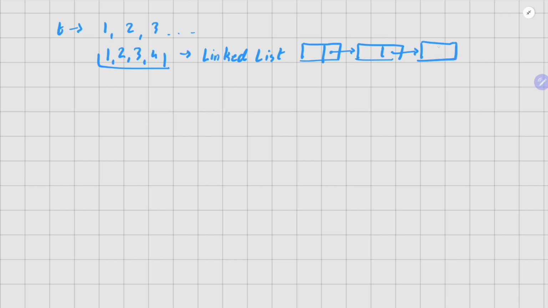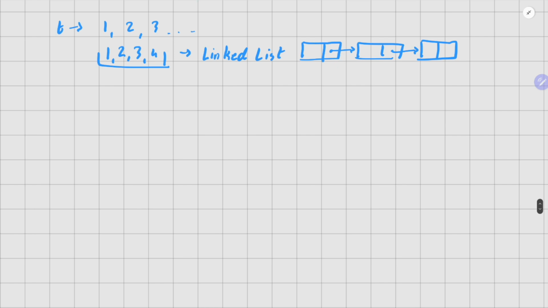Normally the first one is called the head and the last one is usually called the tail, but depending on our use case, we may or may not choose to maintain our tail.